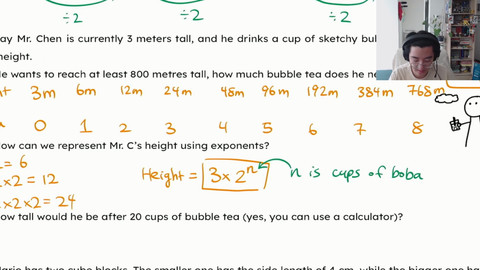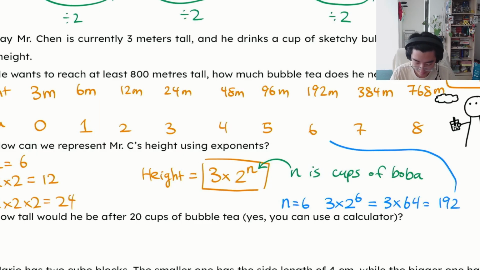We can check a bigger number here as well. Let's say after 6 bubble teas, n is 6, so 3 times 2 to the power of 6 is 3 times 64, which is 192.